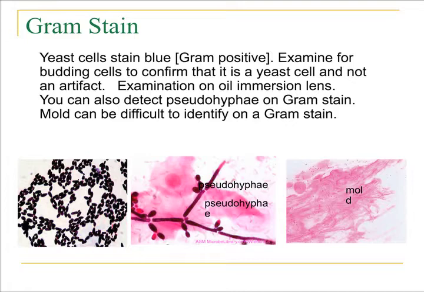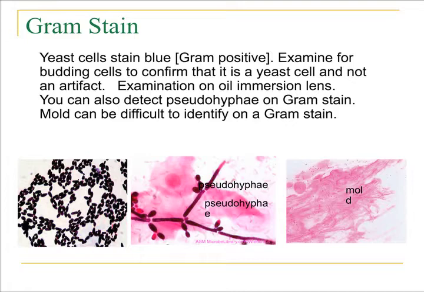The Gram stain is very useful for the identification of yeast and not quite as useful for identification of molds. Yeast cells stain very dark blue on the Gram stain, so they are gram positive. You can also see the shape of the yeast, the size of the yeast, and you can also observe if there's any pseudohyphae present.